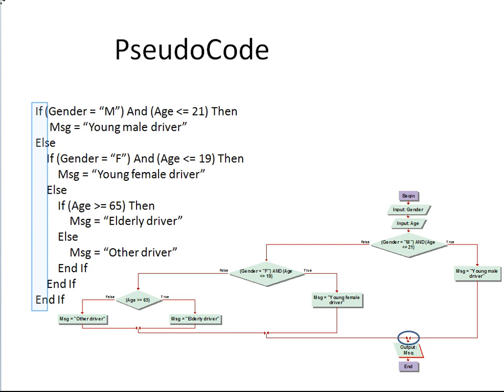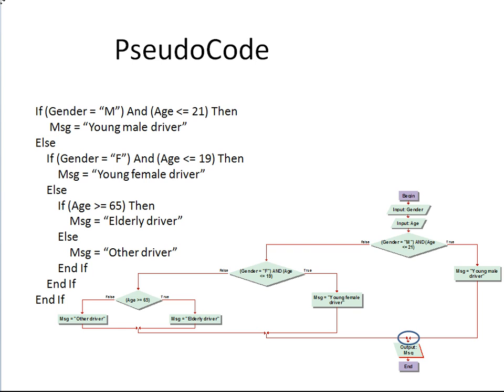You should take a moment to look at this. Pause the video if you need to. You must understand exactly why everything is placed where it is, the order it is. Some general rules. I've got 3 diamonds. That means I have 3 ifs. I have 3 elses, and I have 3 end ifs.